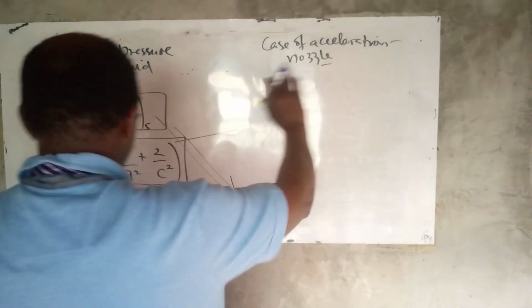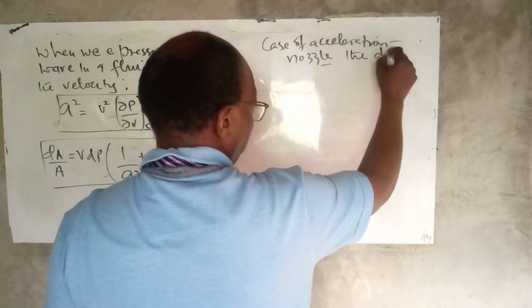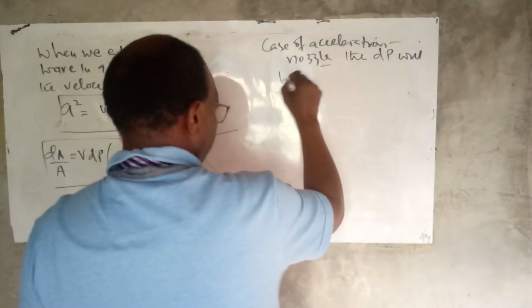So in the case of acceleration, which is in a nozzle, dP will be negative.